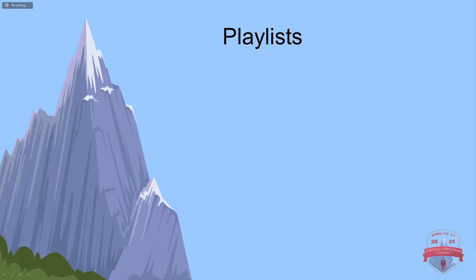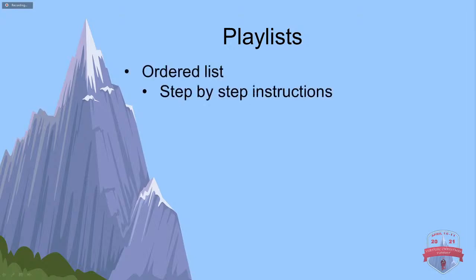Before we go into the scheduler, we're going to need to discuss playlists, since the scheduler basically starts and stops playlists. A playlist is nothing but an ordered list of items to play, and they're not always just sequences. Think of it as a step-by-step instruction on how you want your show to play. Some of the more common playlist types are sequences, which are sequence and media, or just the sequence only. This is the most common playlist entry type.